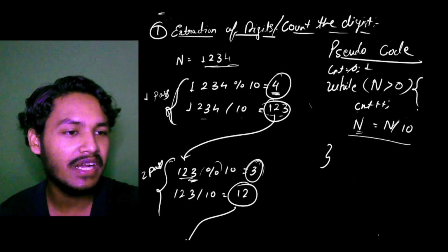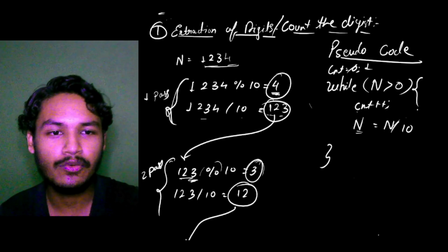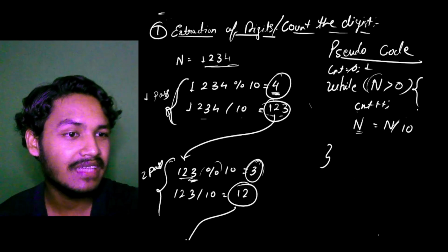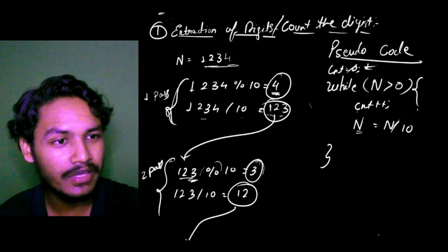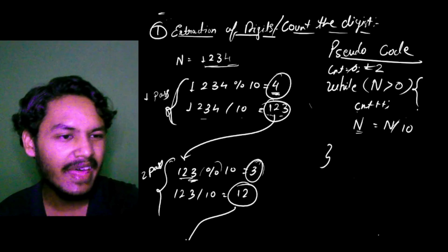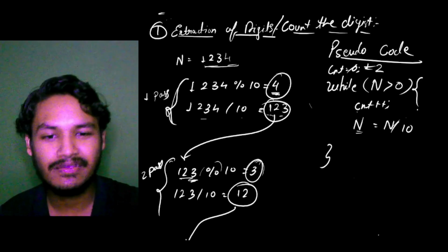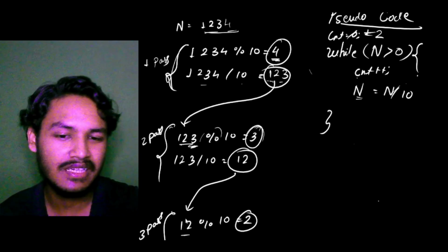Then we divide this number by 10, so we get 123, and 123 is again greater than 0, so we increment the count again, so the count will be 2.